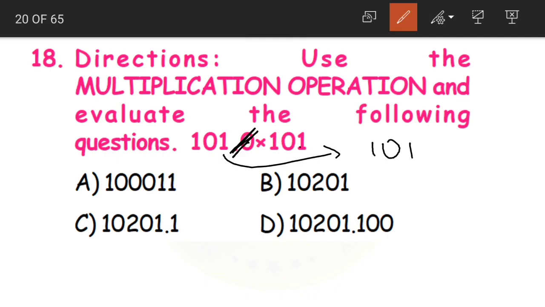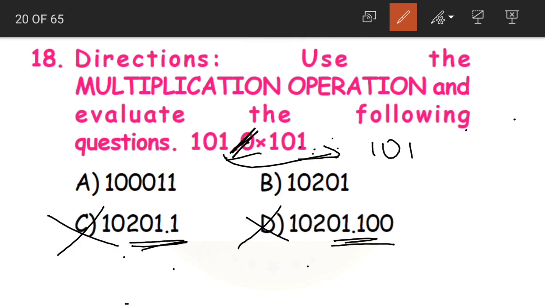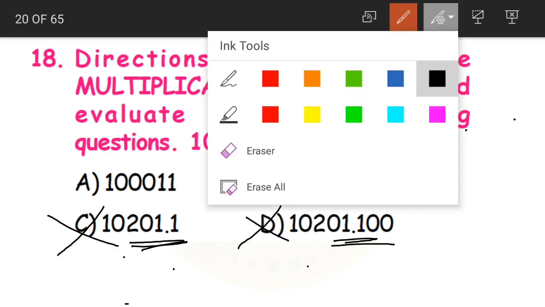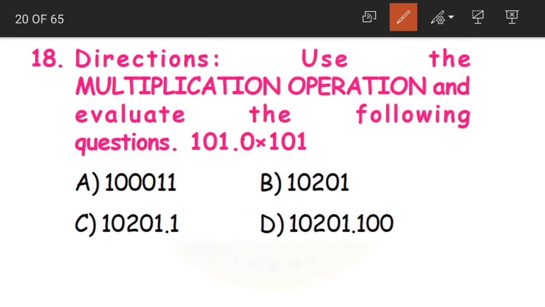When we have no decimal points in the question, how can there be a decimal point in the answer? There cannot be. When my problem has apples and oranges, there cannot be strawberries in the answer, right? That is the rule. So there are no decimals in the question, and there cannot be any decimals in the answer as well. They are given just to confuse you.